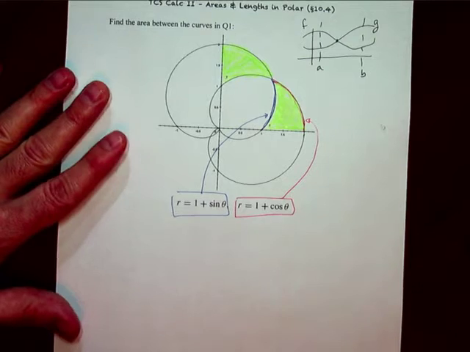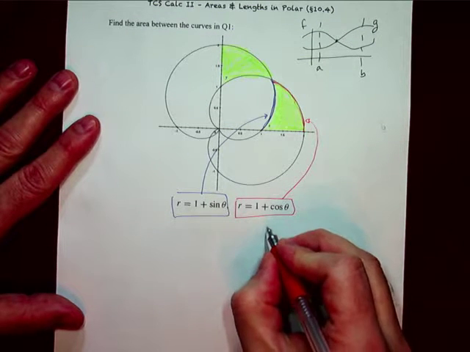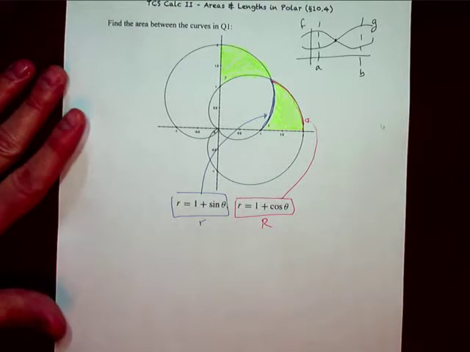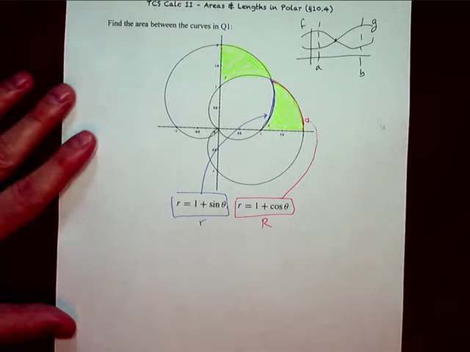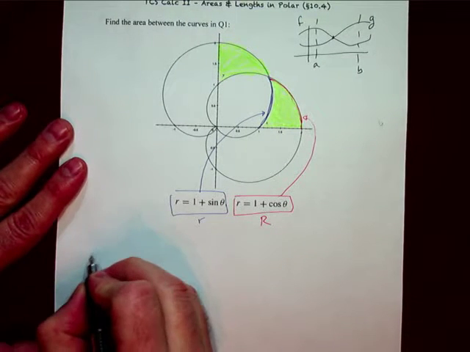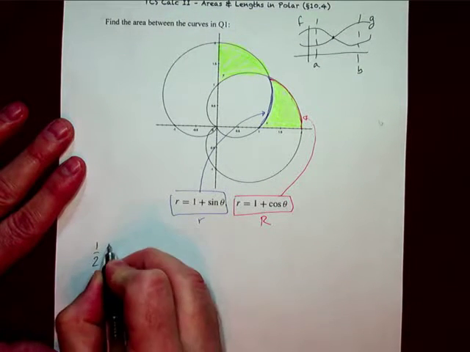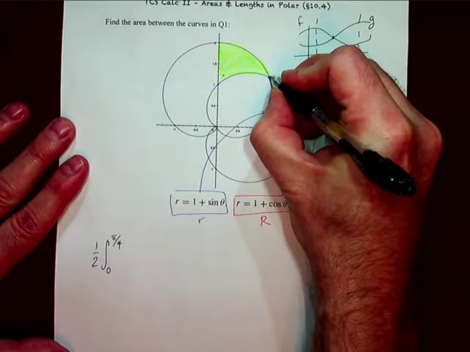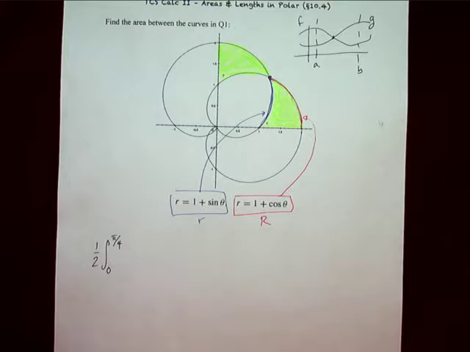Basically this winds up being my big R, and this winds up being my small r. Since I'm going to take that integral and double it, I know that my limits of integration are going to be 0 to pi over 4. I've already calculated that point of intersection. You can eyeball it anyway, right?